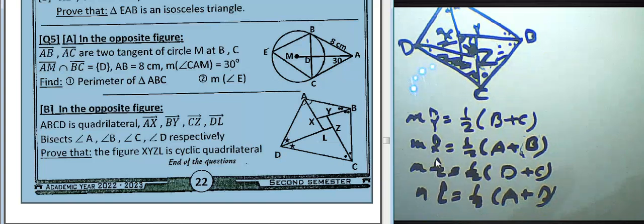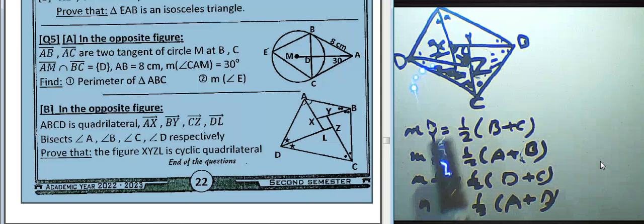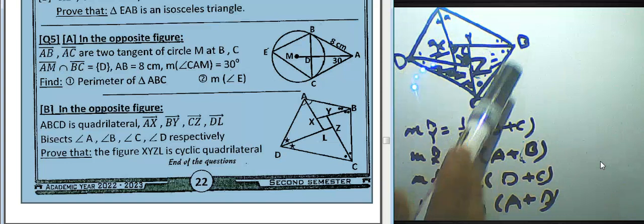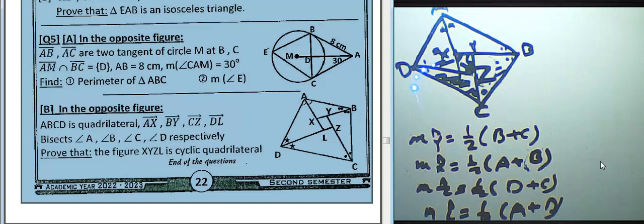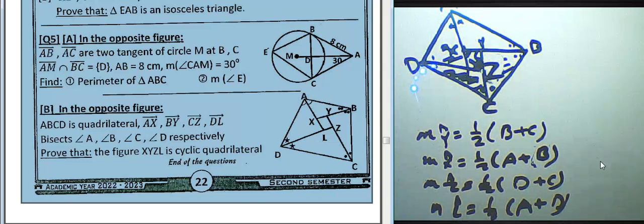If we add all sides, left hand side and right hand side, we can prove that this quadrilateral is cyclic, because the sum of interior angles equals 360 degrees. If we add all of them, then the measure of angle Y plus X plus Z plus L will give the measure of angle ABCD, and we know ABCD is a quadrilateral and the sum of interior angles equals 360.